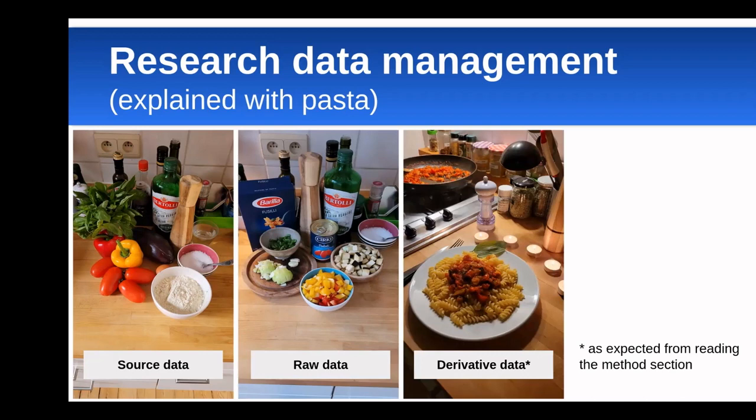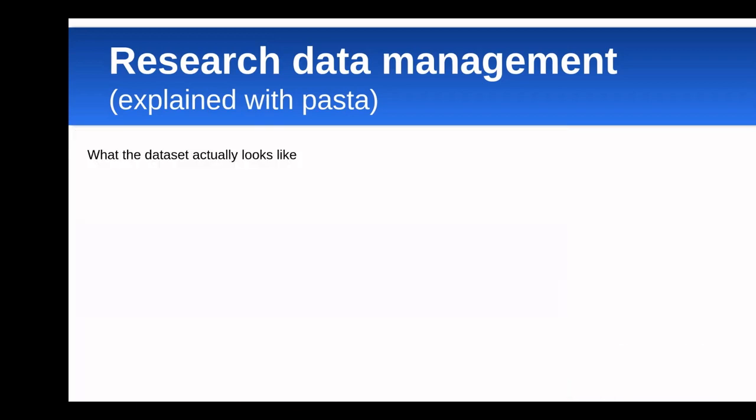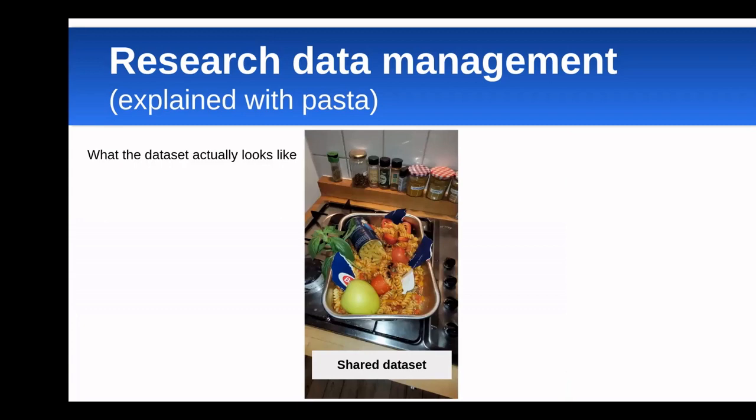And this is what, when someone publishes a paper and gives you pretty pictures of their final results, you expect when you ask for data, from reading the methods section, right? But what the data set actually looks like, if you ask for the data and they send it to you, is very often a big mix of everything together, where you have source, raw, and derivative data all at once.